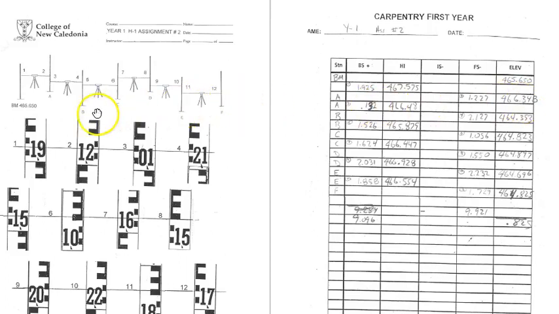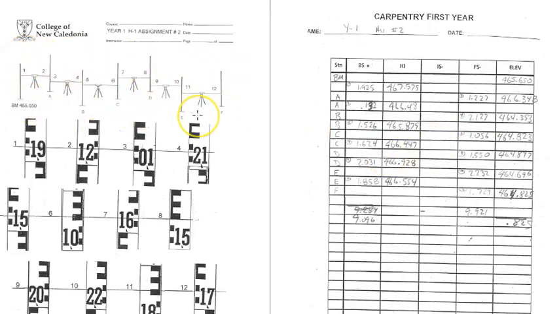On this particular sheet, every time you take a reading, you're moving the instrument. So you're going to have a foreshot, then a back shot to establish a new height of instrument. Foreshot, then a back shot to establish the height of the instrument, and so on and so forth. That's how it happens to be on the sheet.